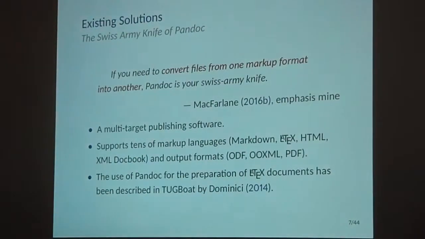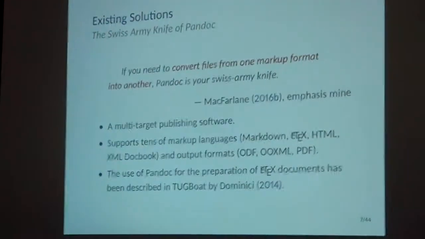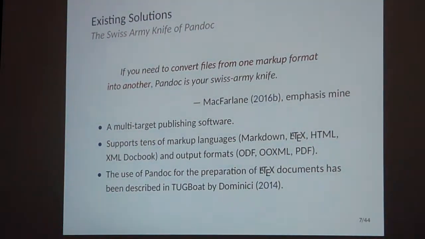Right, so one of the existing solutions is Pandoc, which is a project by MacFarlane. It's a Haskell package which is basically FFmpeg for documents. You take some document in a format and you convert it to another document in another format. It's mostly meant for multi-target publishing. The magic is that it has its intermediary format, an abstract syntax tree format.